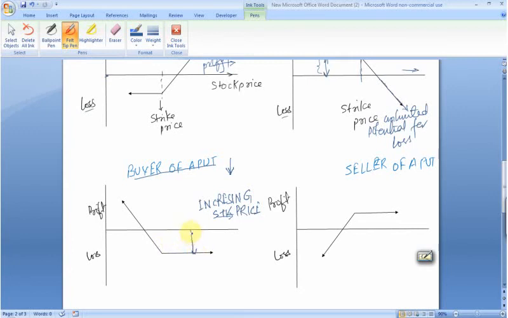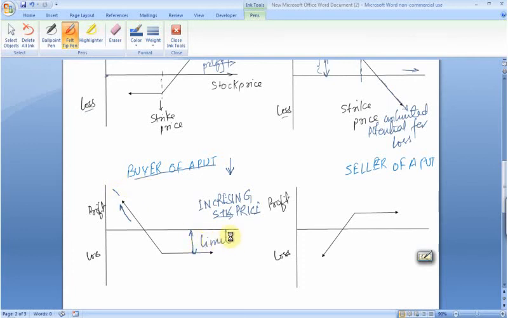This is his loss. And as the stock price goes down, his profit is increasing, and the further it goes down, the more the profit is for the buyer of a put option. So he has unlimited profit potential, and he has limited loss here.